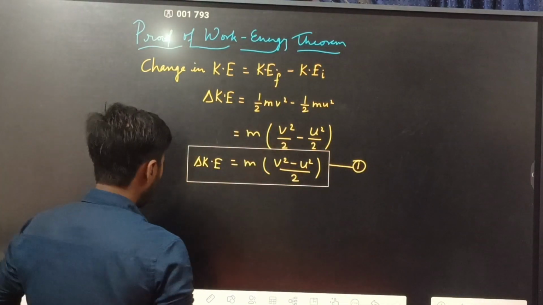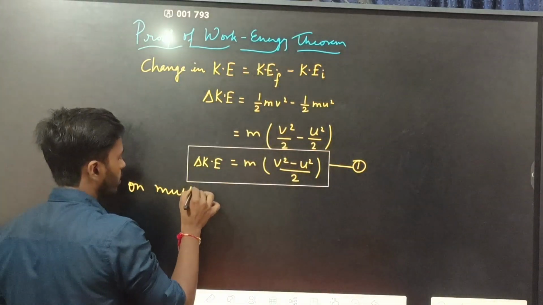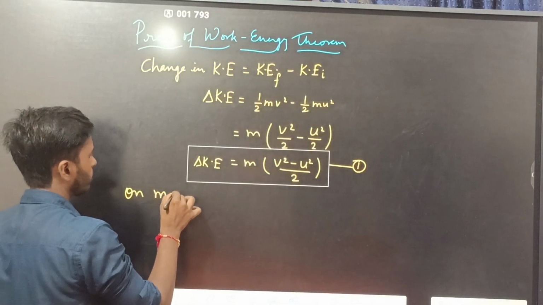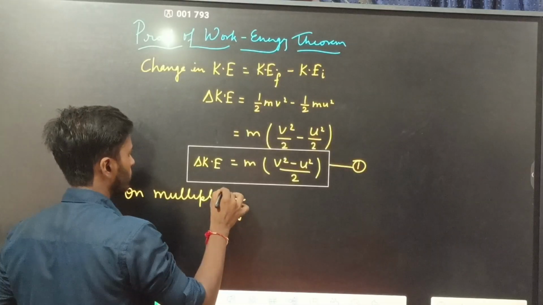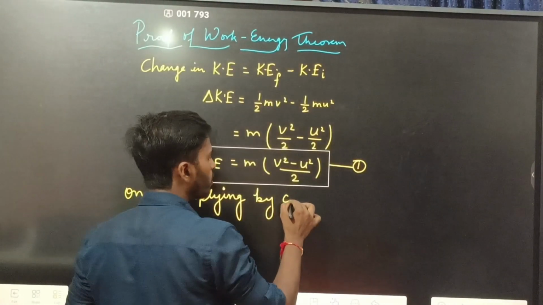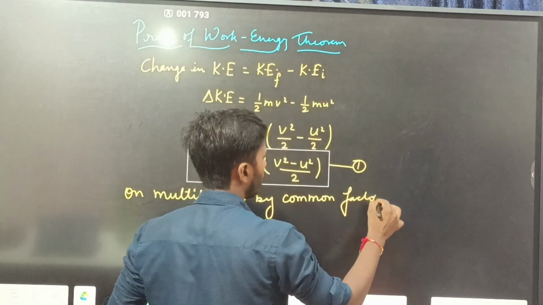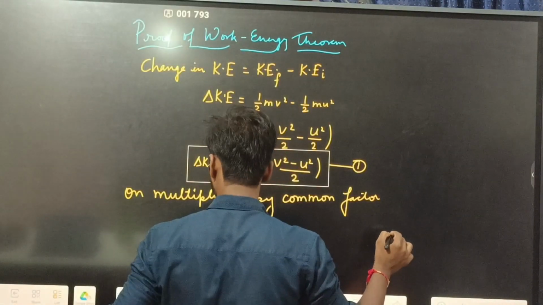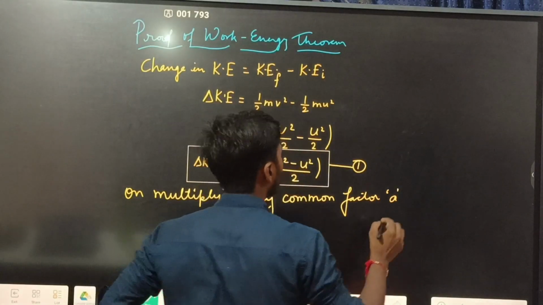Now what we will do, we will multiply by a common factor. Let's take a common factor a, for acceleration, right?